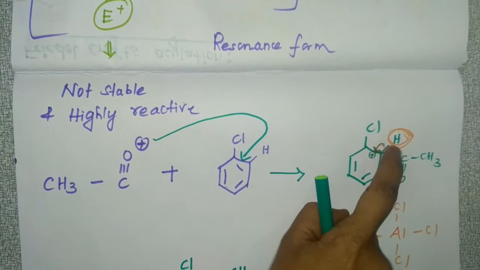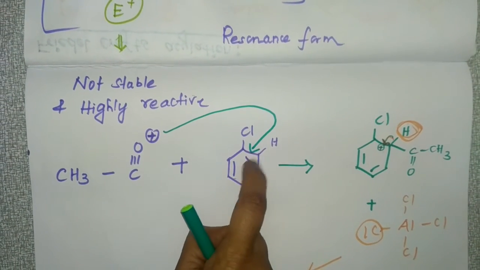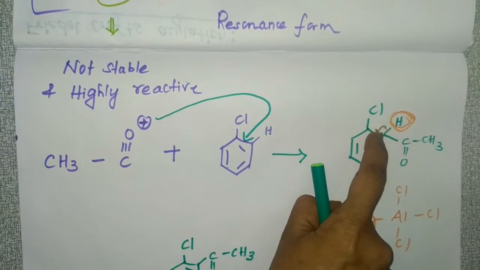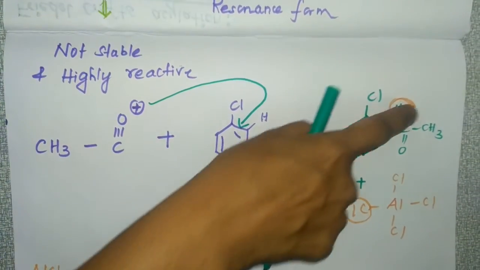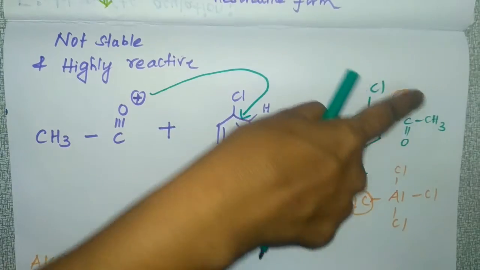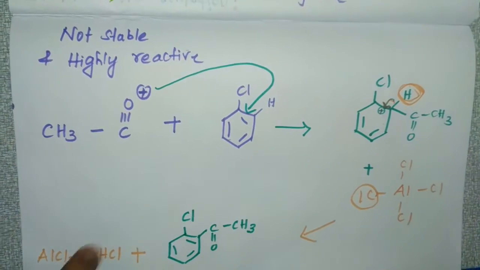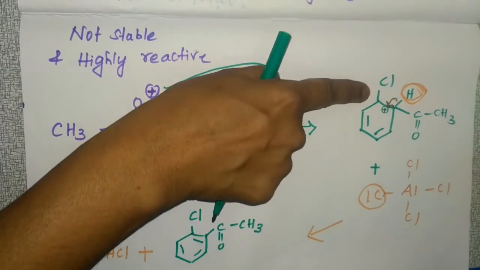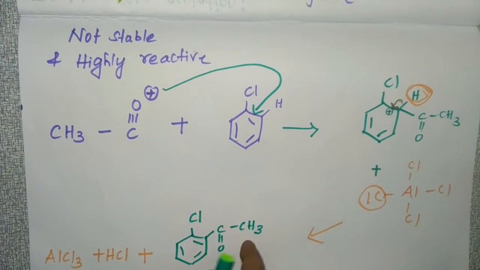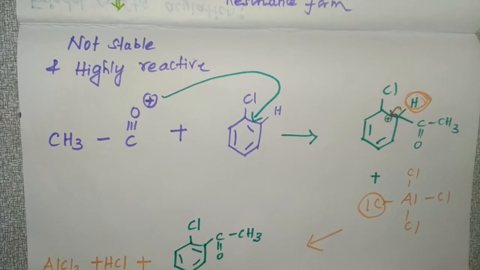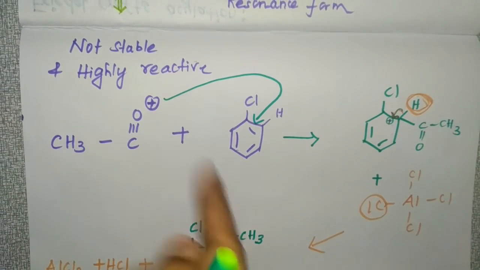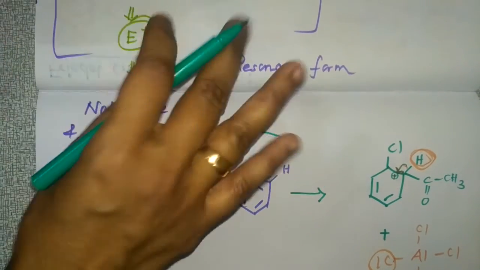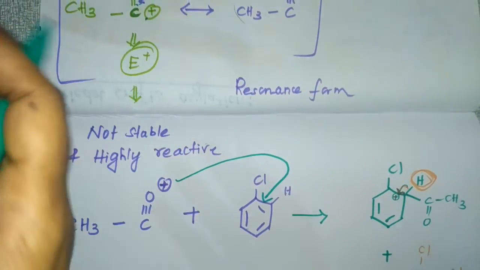The bond is formed like this, and after giving the electrons, this will become positive, and this carbon will take the electrons from here, and this H will get removed as a proton. That H plus will combine with the Cl and get removed as HCl, and this AlCl3 will be there, and the product will be Cl C double bond O CH3, which is the orthochloroacetophenone. Similarly, you will get parachloroacetophenone also. So this is the mechanism of Friedel-Crafts acylation.